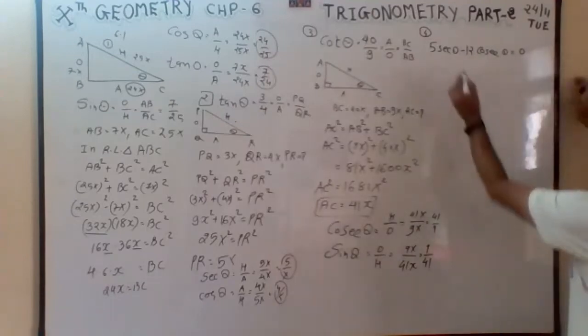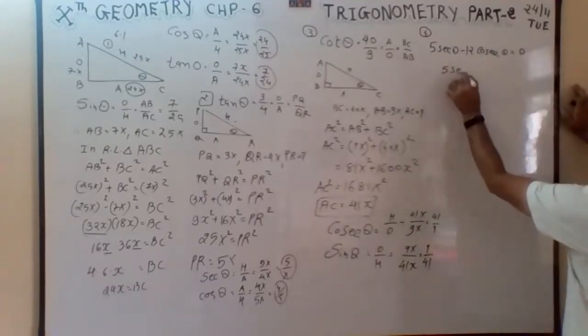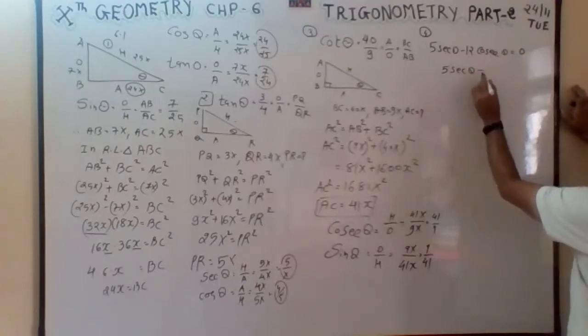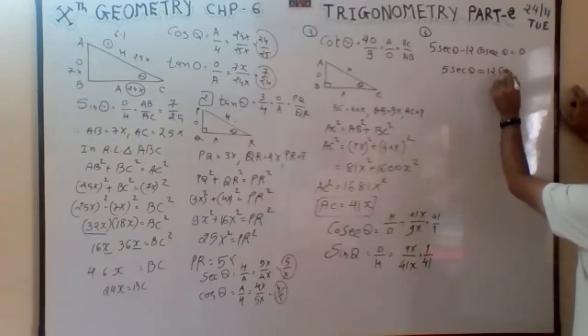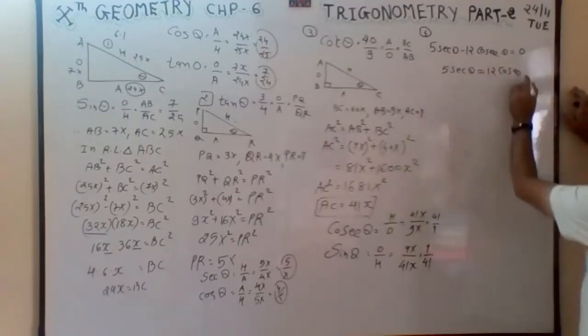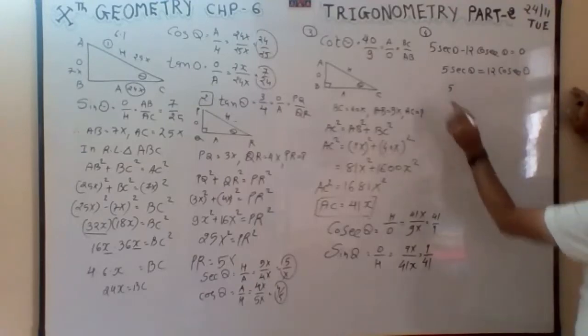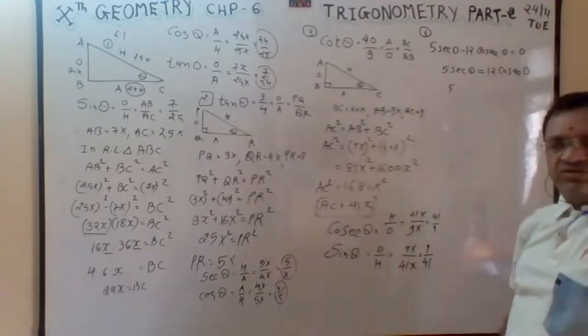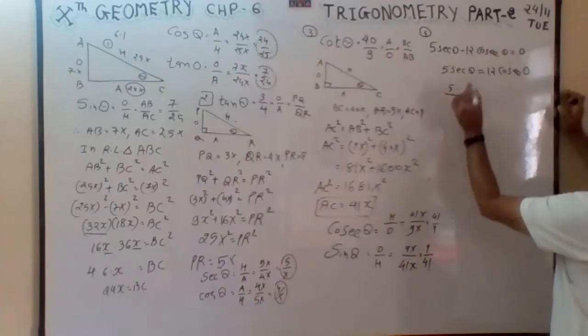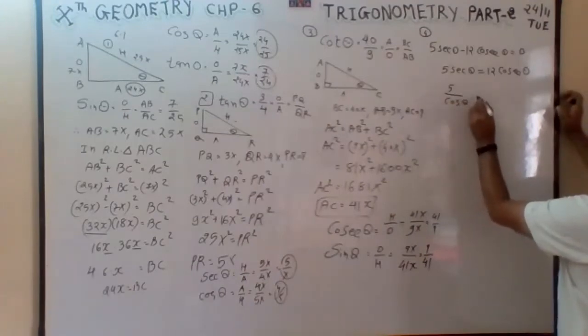So this comes to this side. 5 sec theta is equal to 12 cosec theta. Everything you have to convert into sine and cos always. So sec is 1 by cos theta.